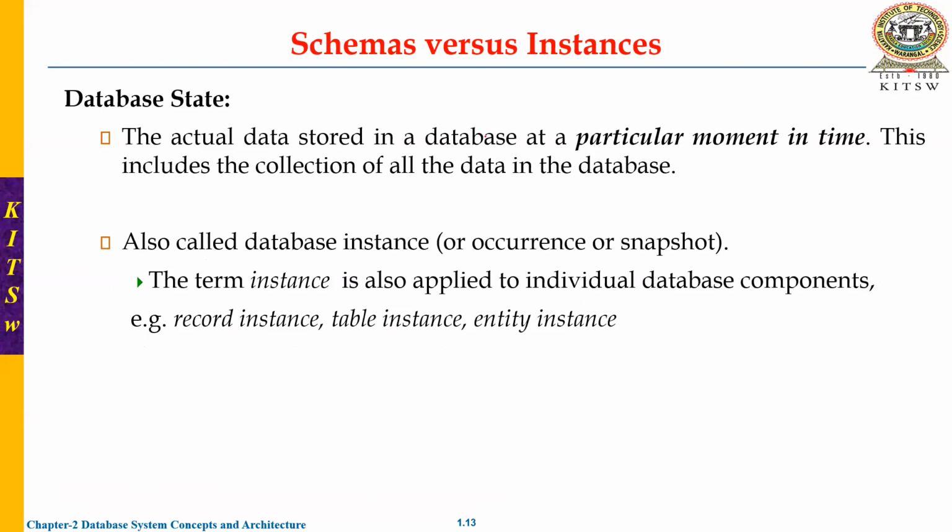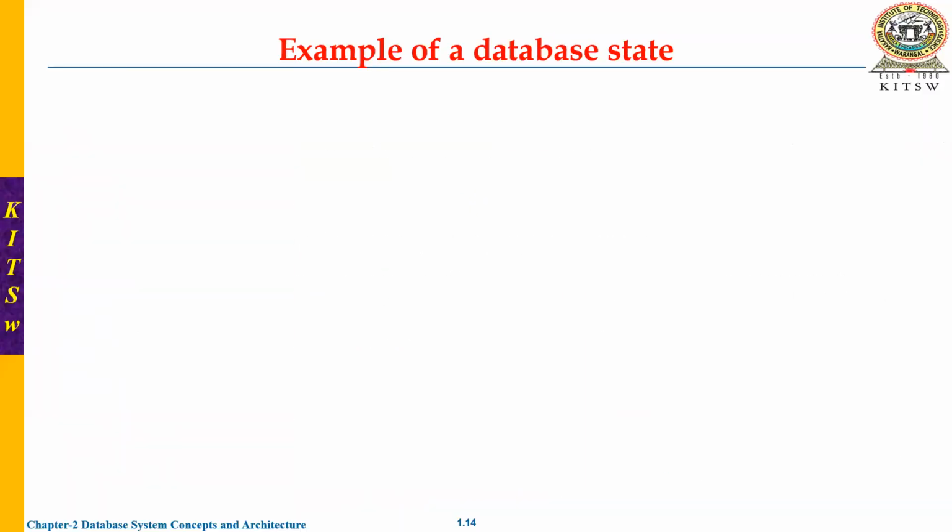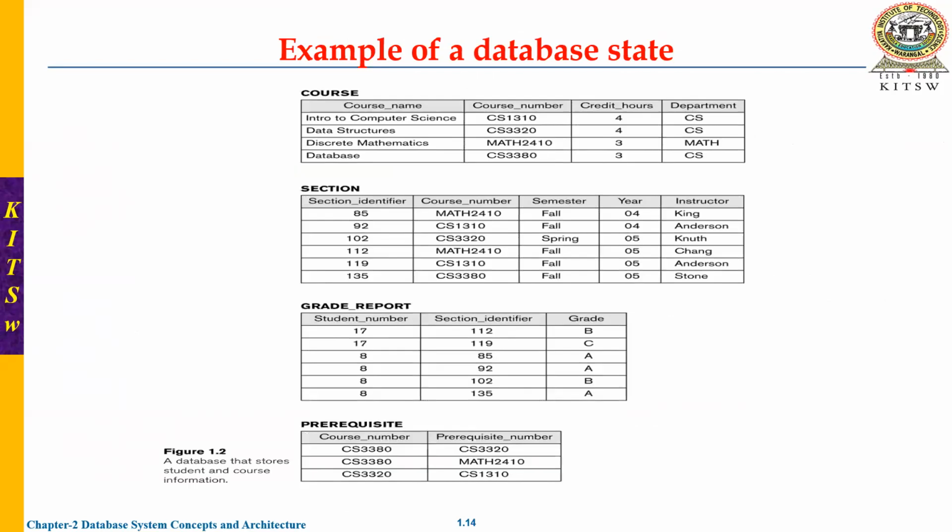The term instance is also applied to individual database components. For example, record instance, table instance, and entity instance are examples. So these are the examples of database states.